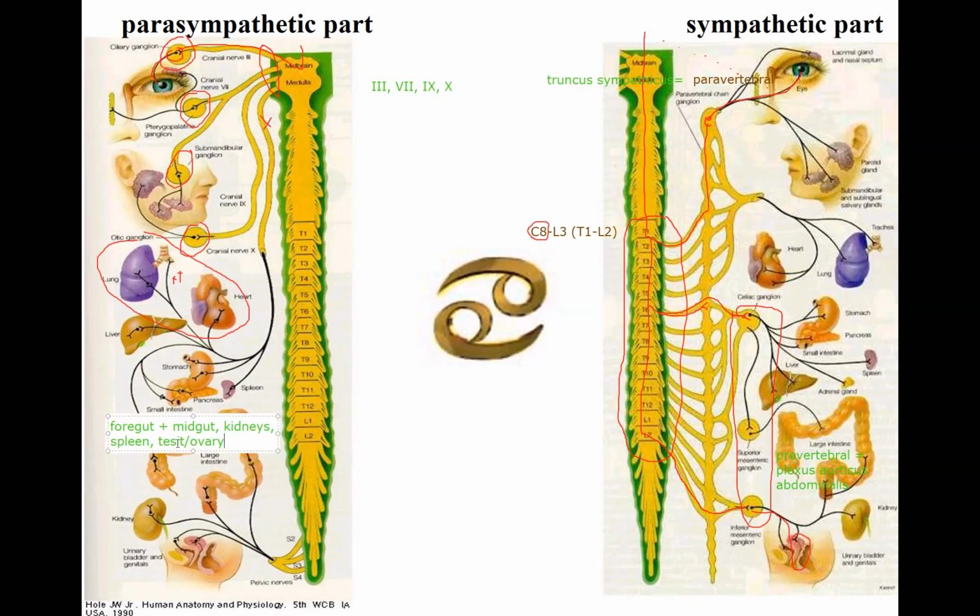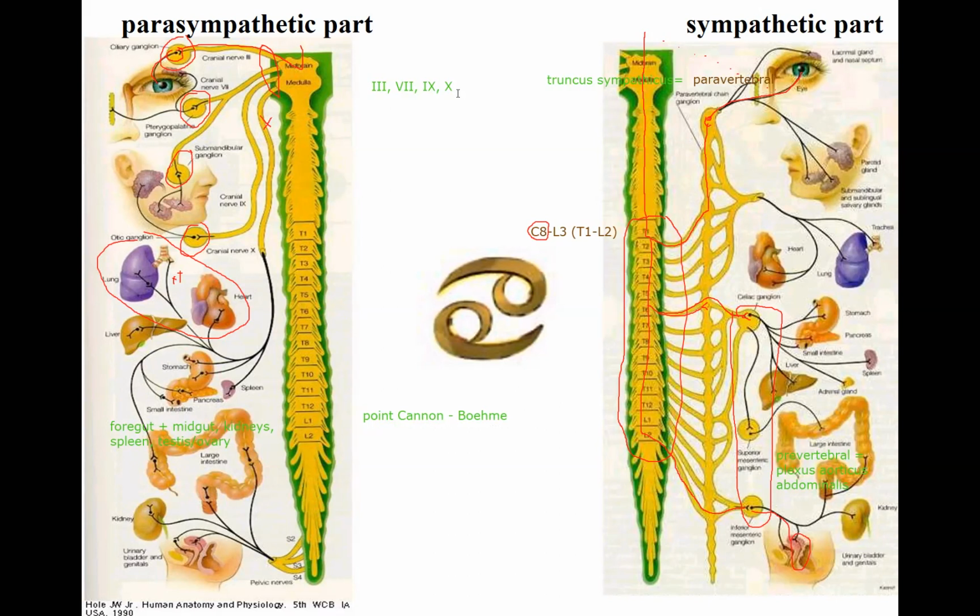Kidney, spleen, testis, and ovary are located at approximately the same level during development, so that's why. And it terminates at the so-called point of Cannon-Böhm. You may remember that. This point is the border between midgut and hindgut.